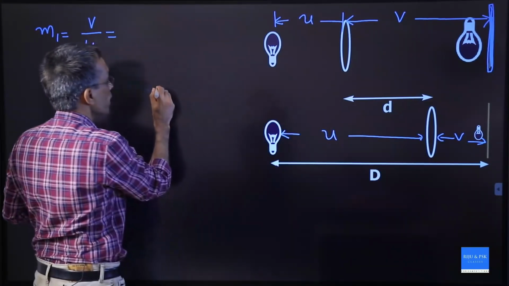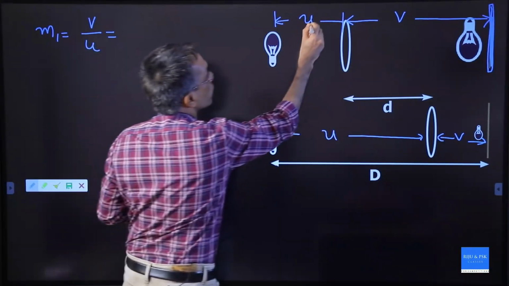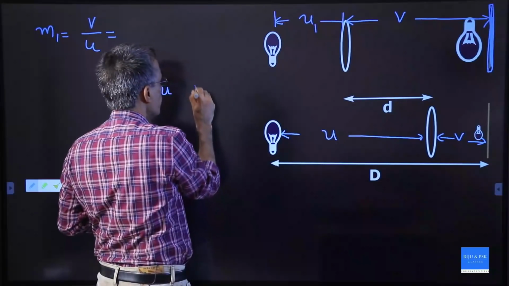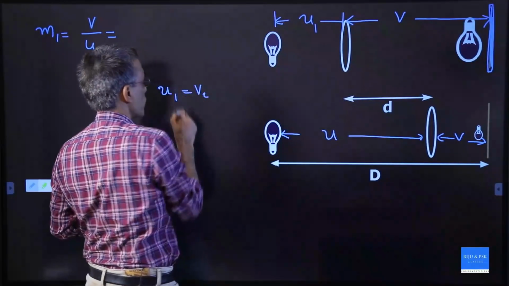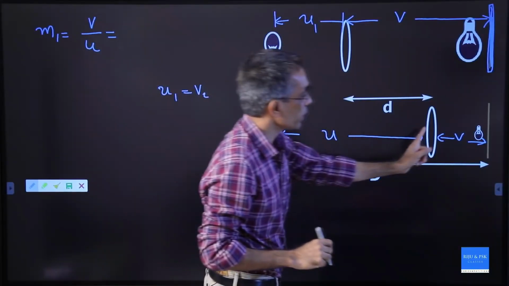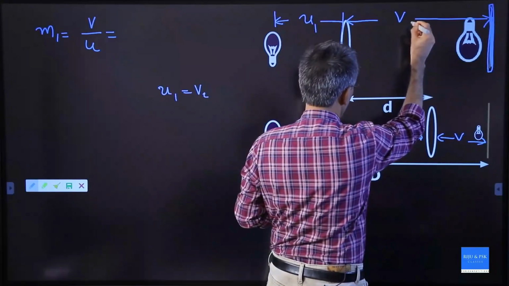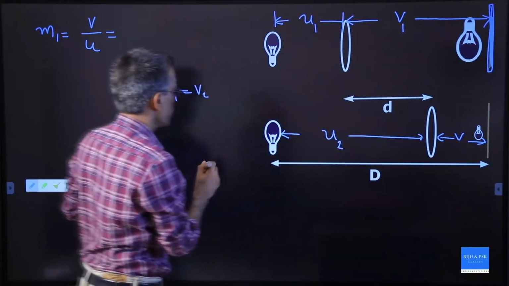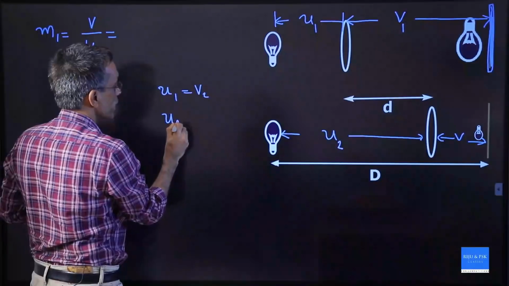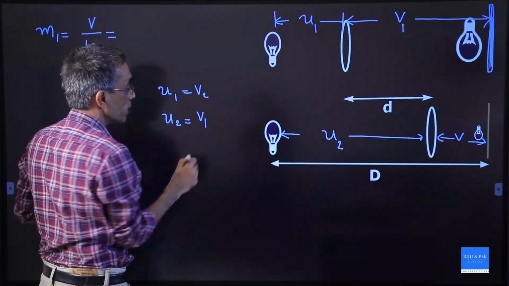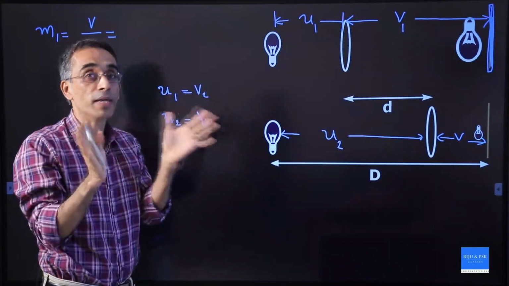I mean to say U in the first case and V in the second case are equal. Similarly, U in the second case and V in the first case are equal. See, not sign convention, only magnitude-wise.